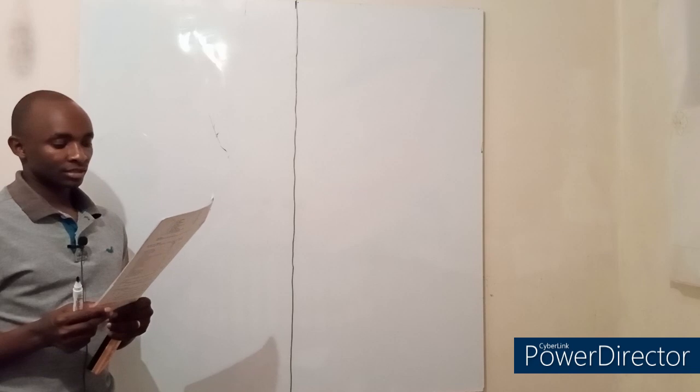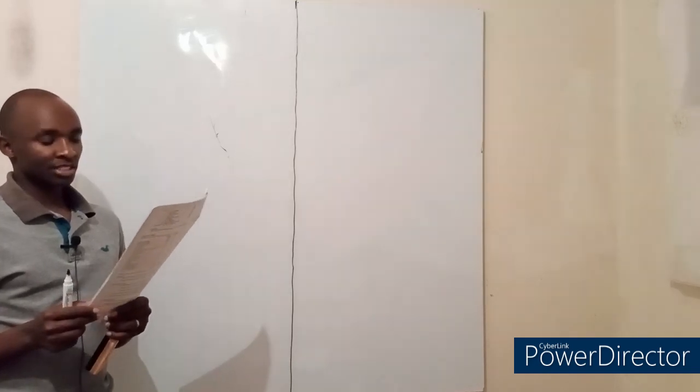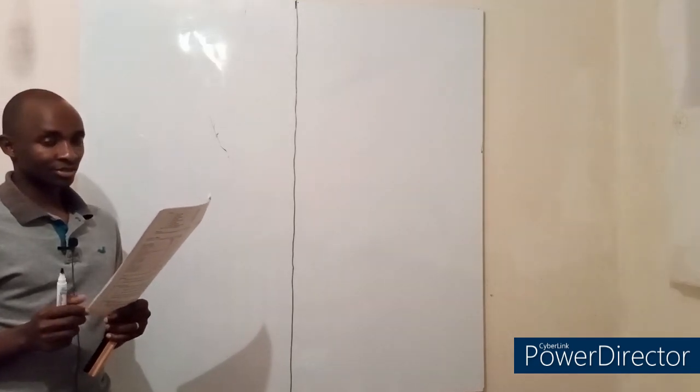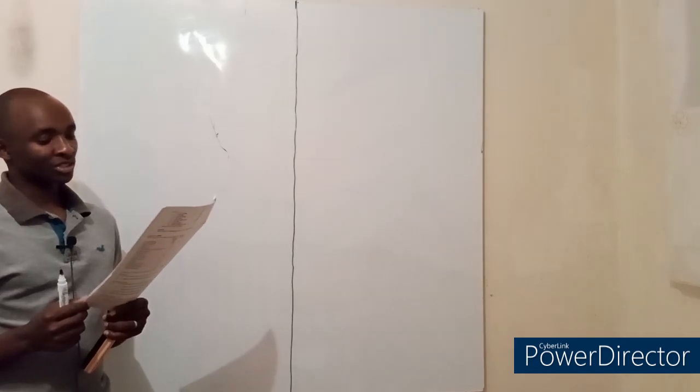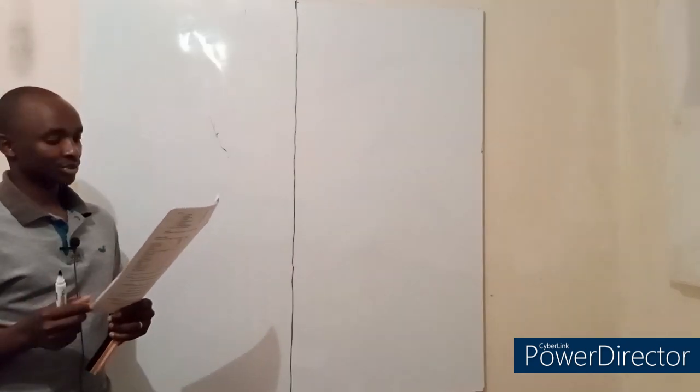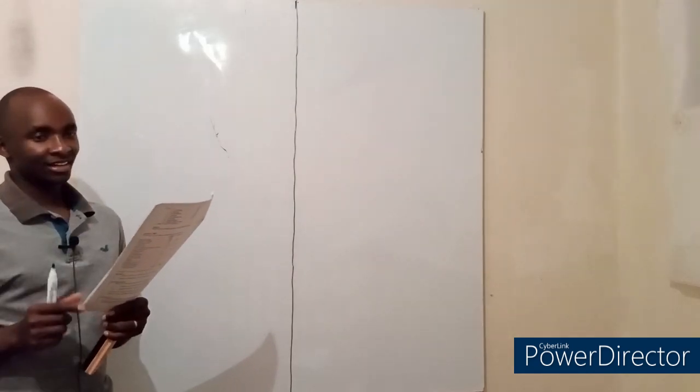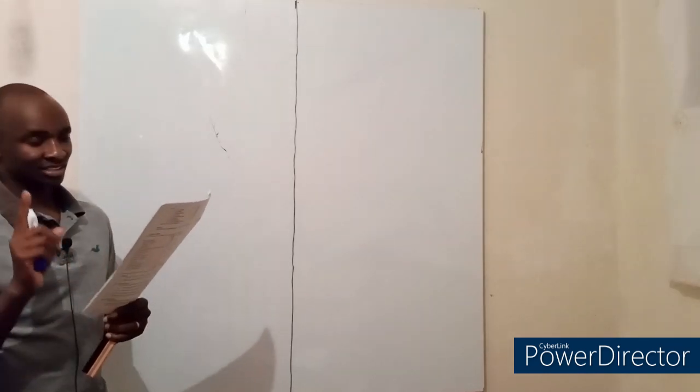So I think this is a very comprehensive question that at the end of it, I want to believe you will have understood all that we are talking about in the dealer word. Remember our word? Dealer.